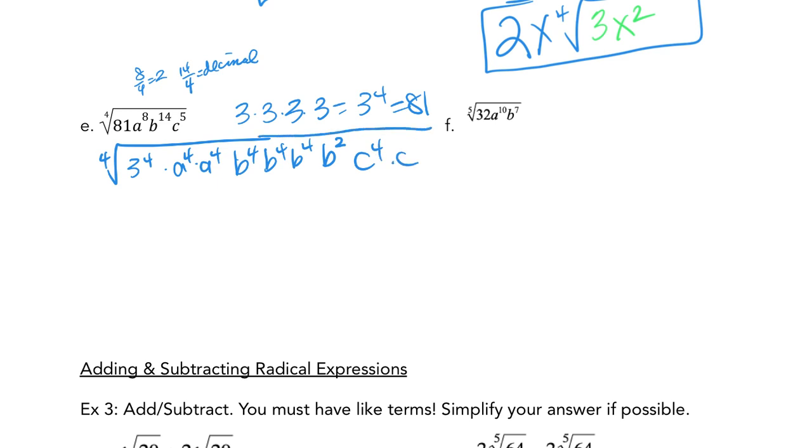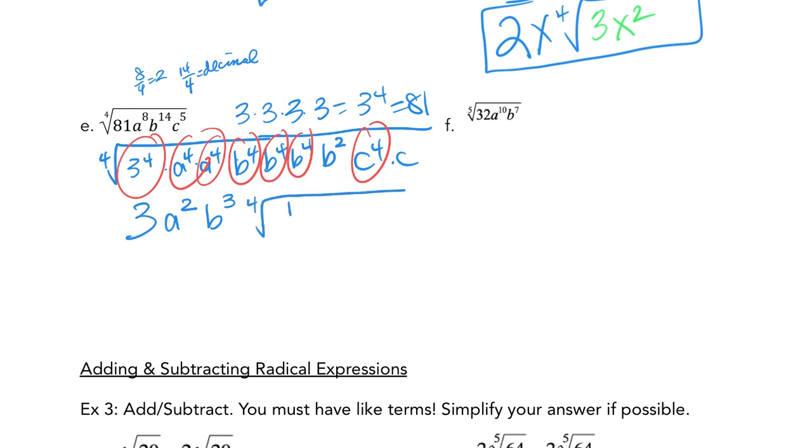All right, so I'm looking for all the perfect fourths. Here's one, here's some. These are all perfect fourths. So anything that I didn't circle is going to stay under the root. So the fourth root of 3 to the 4th is 3. And then I have 2 a's, that's going to become a squared. I've got 1, 2, 3 b's, that's going to be b cubed. And then the fourth root of b squared c.